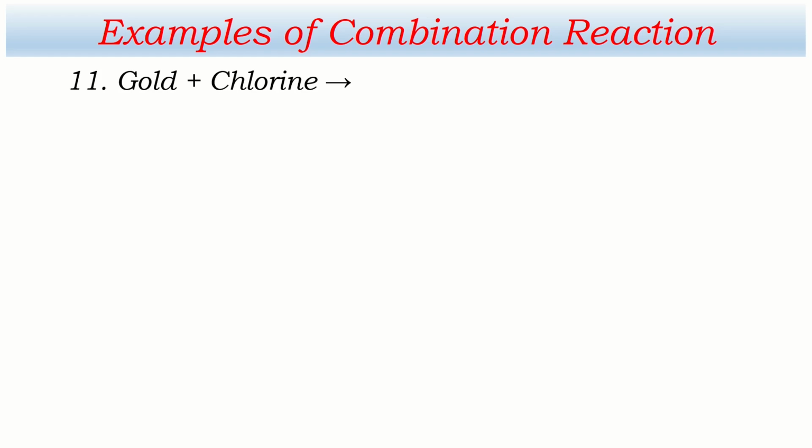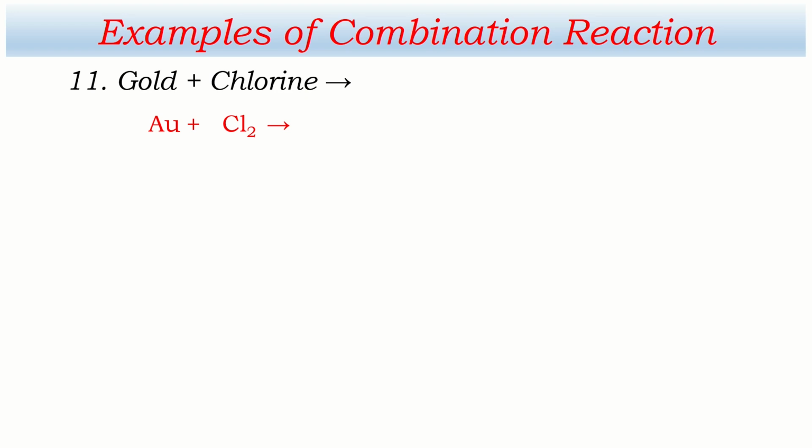Now let's go through another example also. Look at this. When gold reacts with chlorine, let's say only the reactant side is given, you have to find out the product also. How can we do it? Gold symbol is Au, and chlorine is diatomic, that's why Cl2. When gold combines with chlorine, its valency is 3. Gold has variable valency, sometimes 1, sometimes 3.